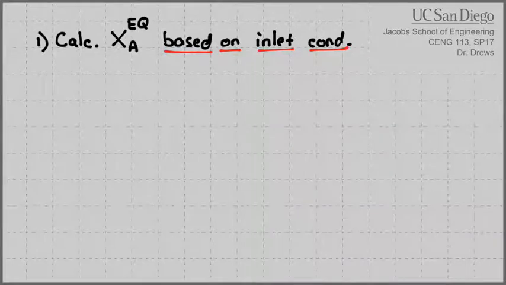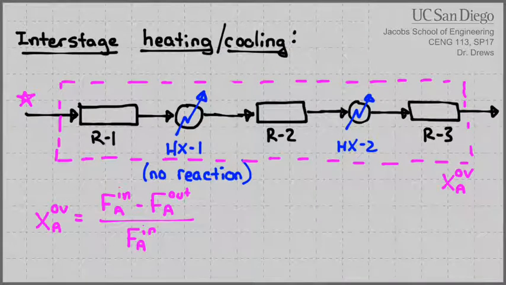When I calculate XA,EQ, I'm going to get exactly one curve for XA,EQ, and it's going to be based on the inlet to the entire train of reactors. I'm not going to recalculate it for every single reactor. It would actually change for each reactor. If I calculate the XA,EQ based on the conditions of this stream all the way at the left, those are not the same equilibrium conditions as I would get over here.